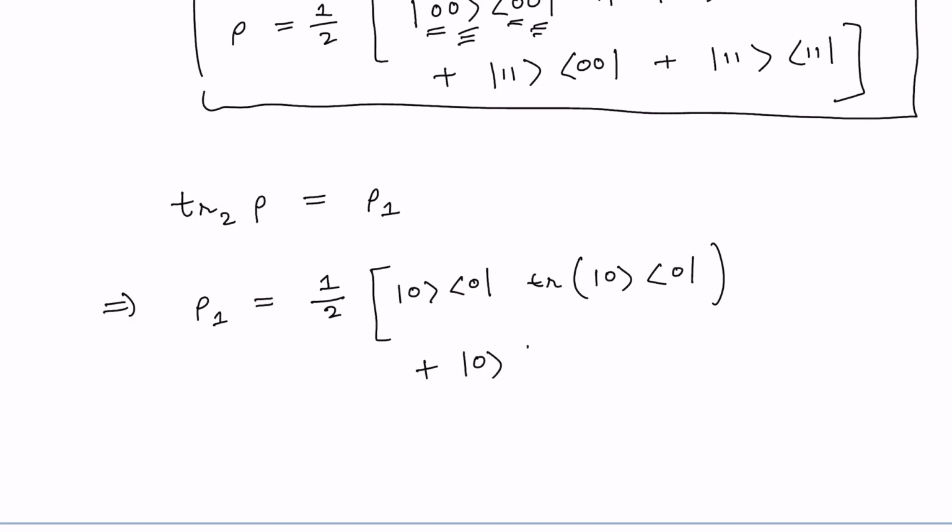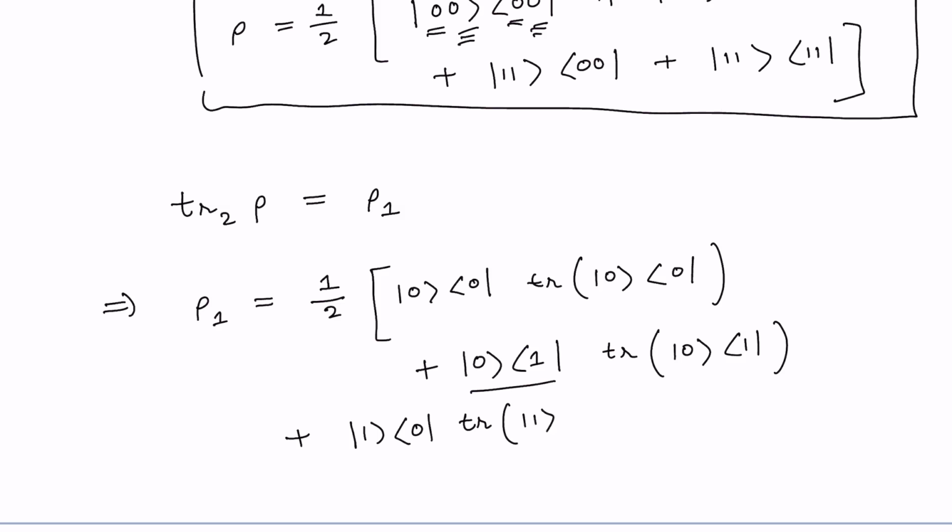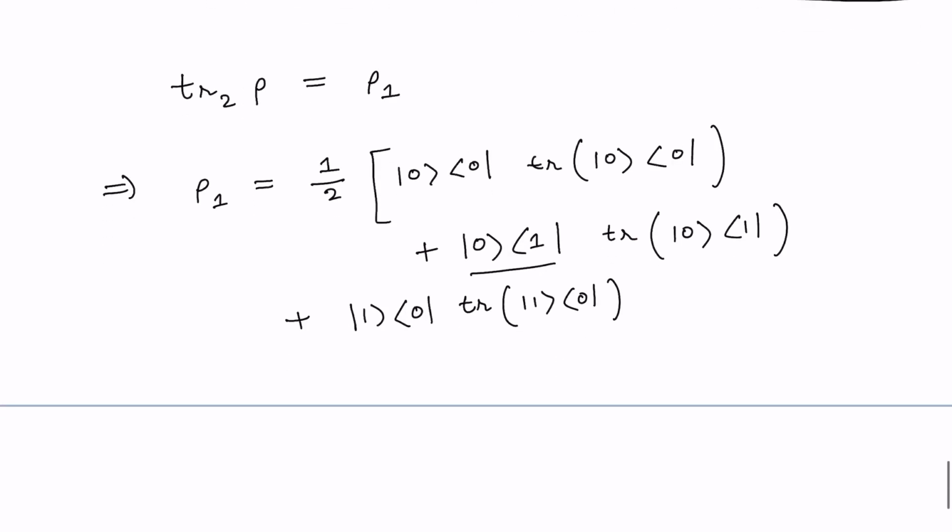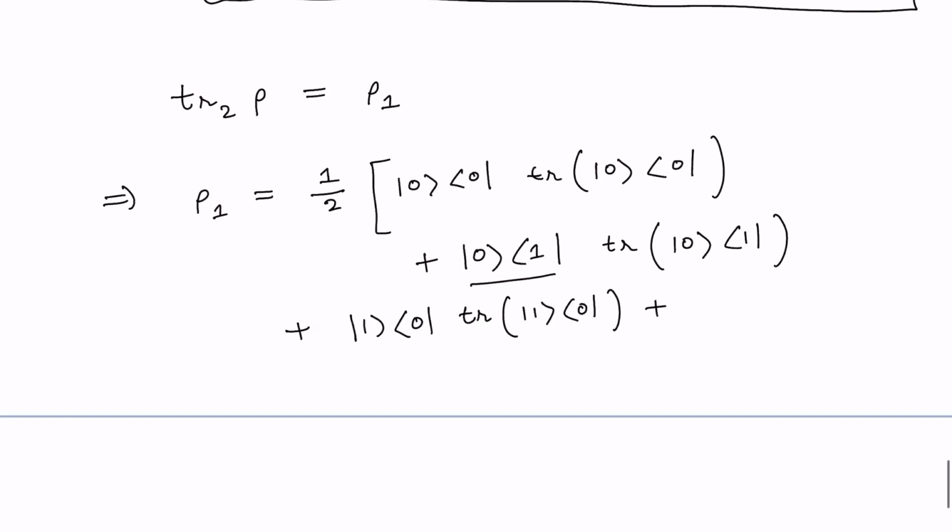You can easily follow, I hope. Ket 0 bra 1, this is the first qubit corresponding to the first system, and I have to do the trace operation on the second qubit here. Similarly, from the third element I have ket 1 bra 0, trace operation over ket 1 bra 0. And the last element, ket 1 bra 1, corresponds to the first qubit, and I have trace of ket 1 bra 1 for the second qubit.